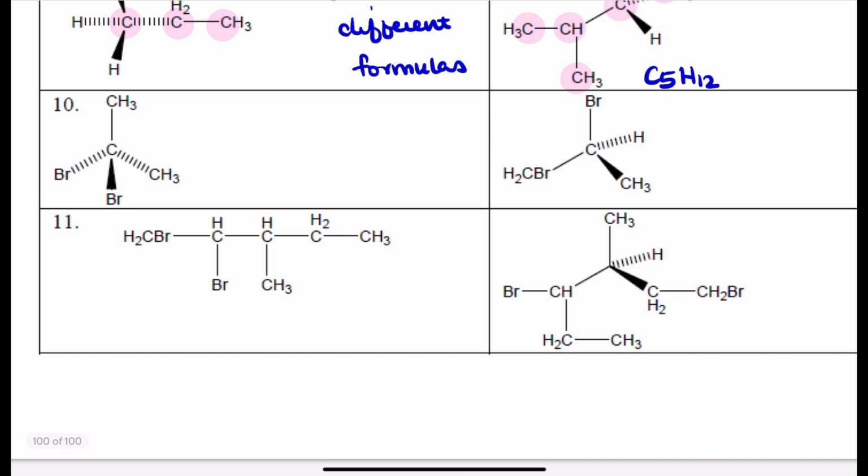Okay, down here, I've got 3 carbons, and 3 carbons again, but if I look, they're not connected the same at all. This one over here on the left has 2 bromines. This one has a bromine and then a bromine with a methyl group attached. They do not have the same connectivity. They do have the same formula though. They're both C3H6Br2, but they are structural isomers.